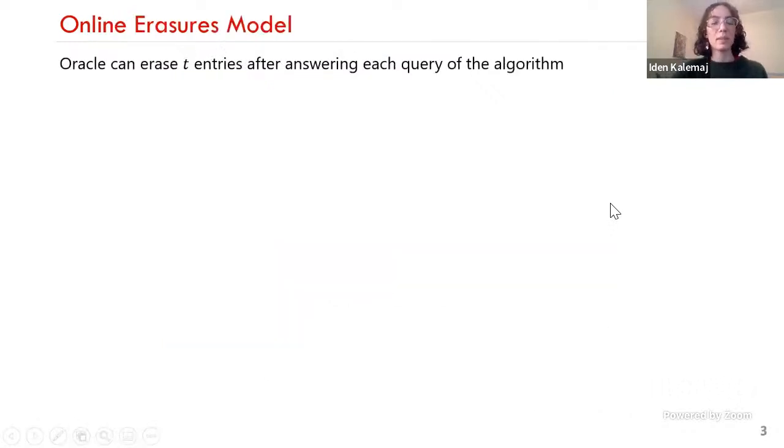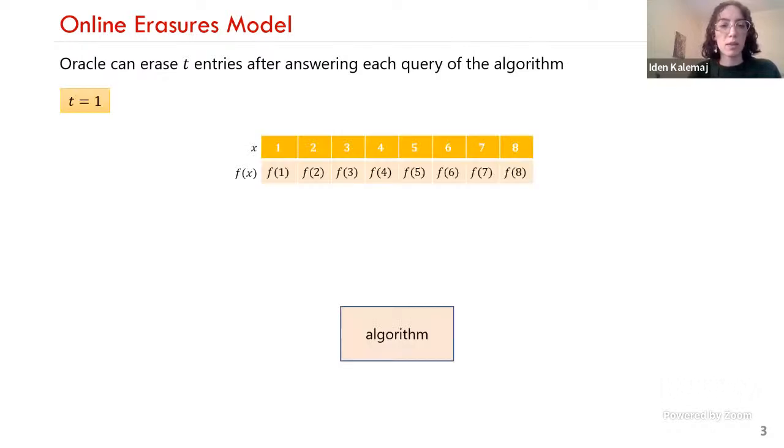Okay. So the adversarial model, which we call the online erasures model, is parameterized by a natural number t. After answering each query of the algorithm, the oracle can erase up to t entries from the input function. I'll demonstrate this model for the case when t is equal to 1. At the beginning of the runtime of the algorithm, all the entries of the function are non-erased. Suppose the algorithm's first query is entry 2.